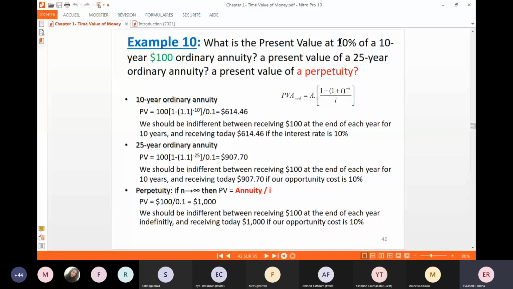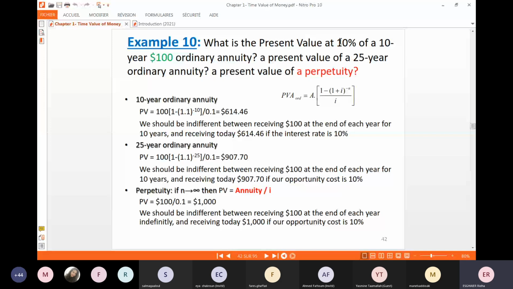Or simply in mathematics, what is the present value of 100, 100, 100, 100 forever if the discount rate is 10%? Simply, it's the present value of a perpetuity, A over I, 100 over 10%, which is $1,000.